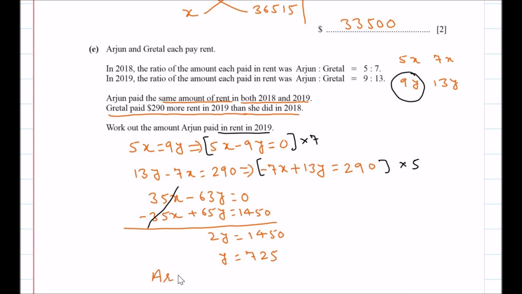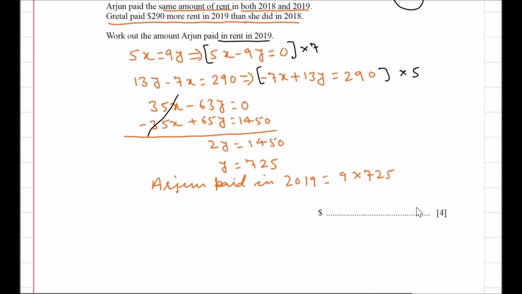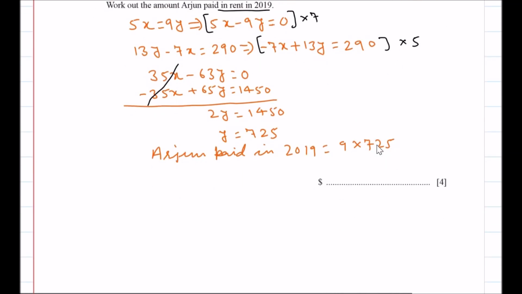The amount Arjun paid in 2019 is equal to 9 into 725, and that will be 6525.